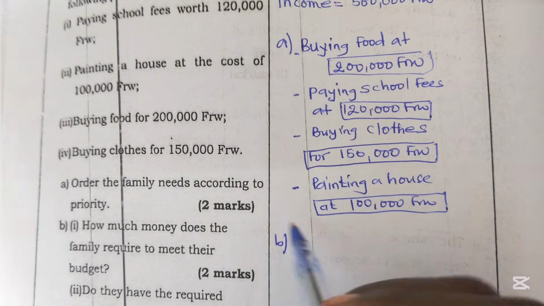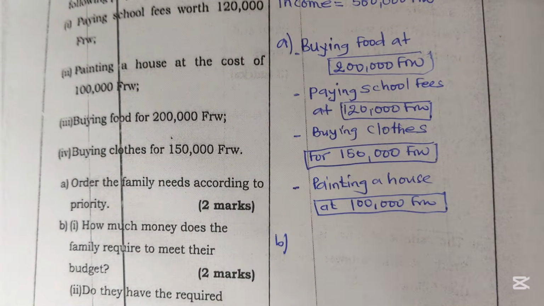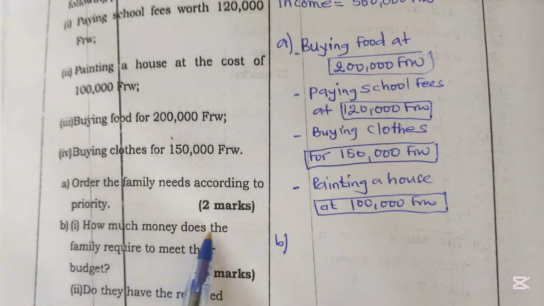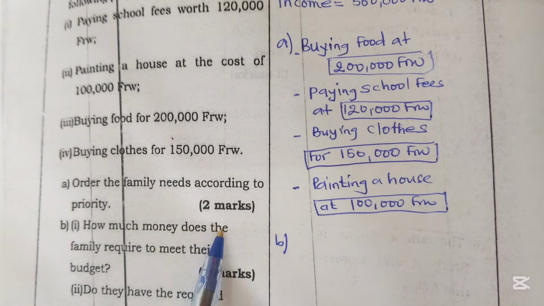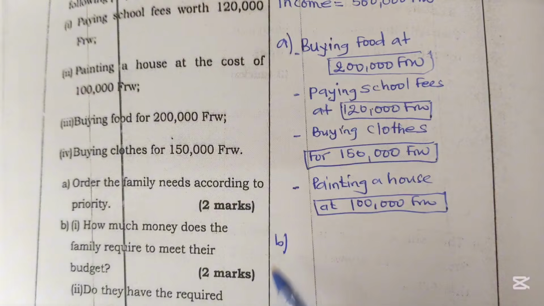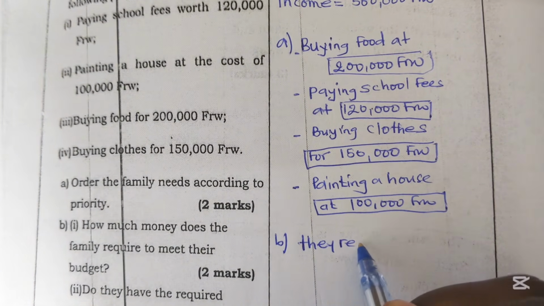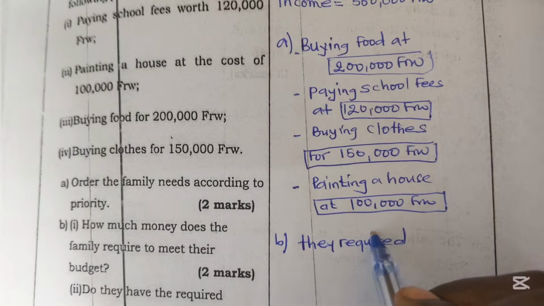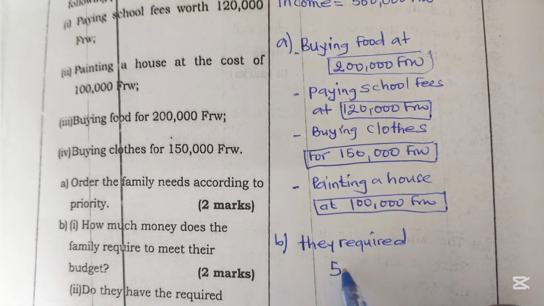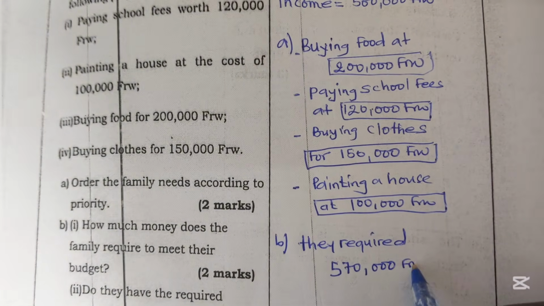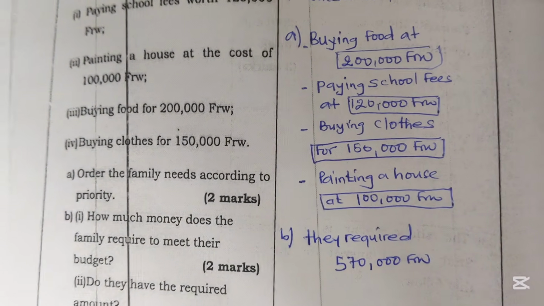But B, and here, how much money does the family require to meet their budgets? They required at least 570 Rwandan francs to fulfill their project.